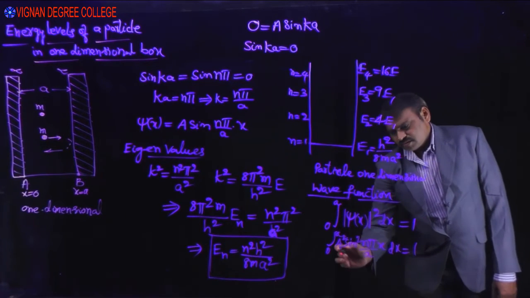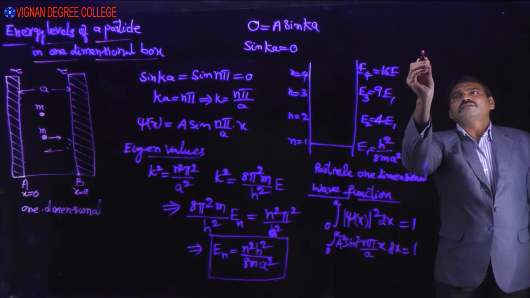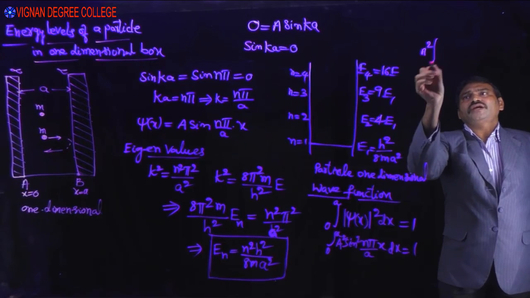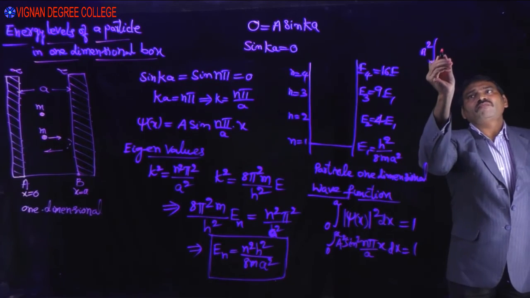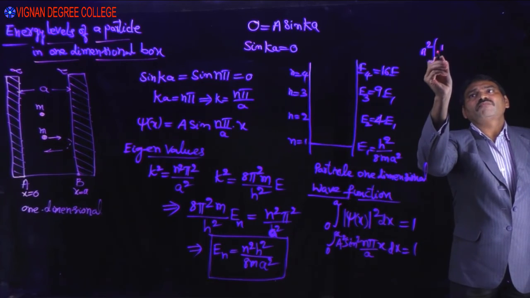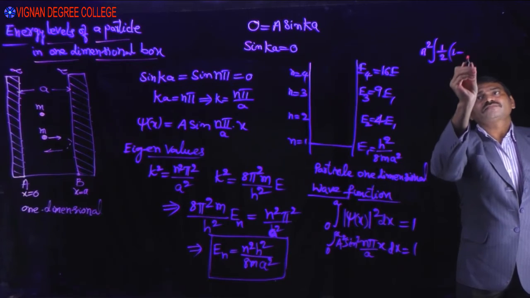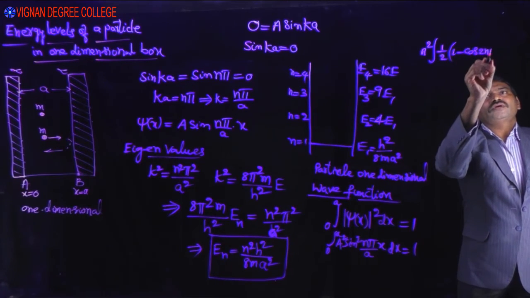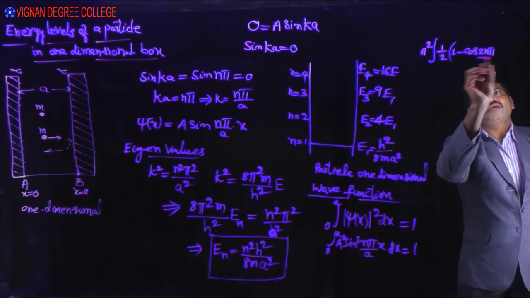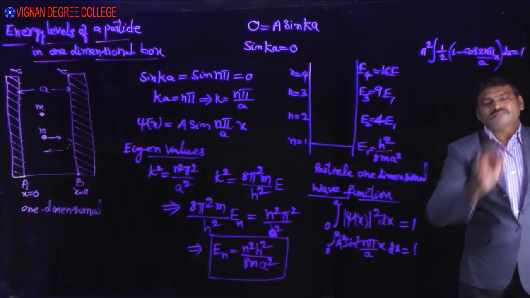Here, A square is constant. A square integral of sin square x dx, which is 1 by 2 of 1 minus cos 2x, that is 1 minus cos 2 into n pi by a into x into dx, is equal to 1.